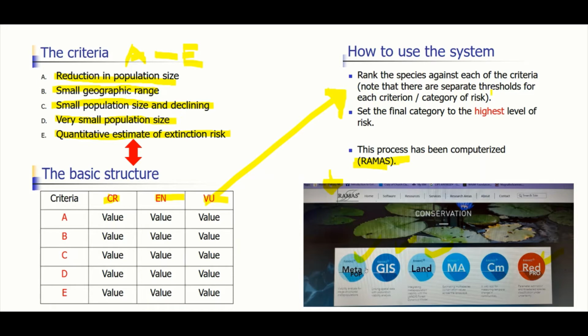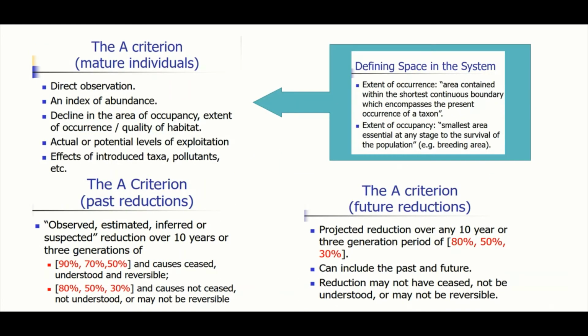Note that there are separate thresholds for each criterion, and of course category of risk, then set the final category to the highest level of the risk. And this process has been computerized using what we are calling the RAMAS software that you can use even for land, for forest, for wild animals, etc.